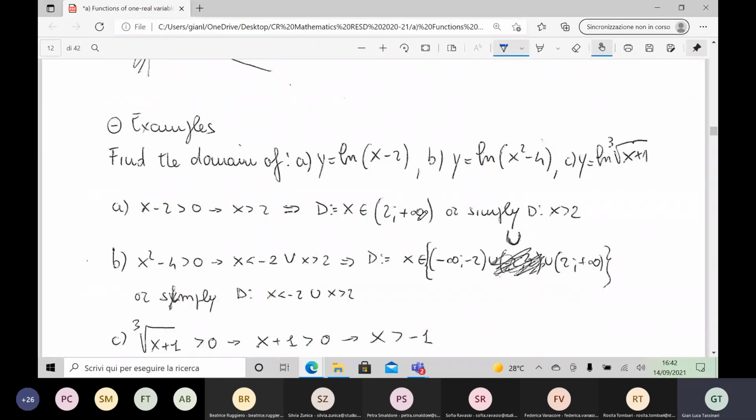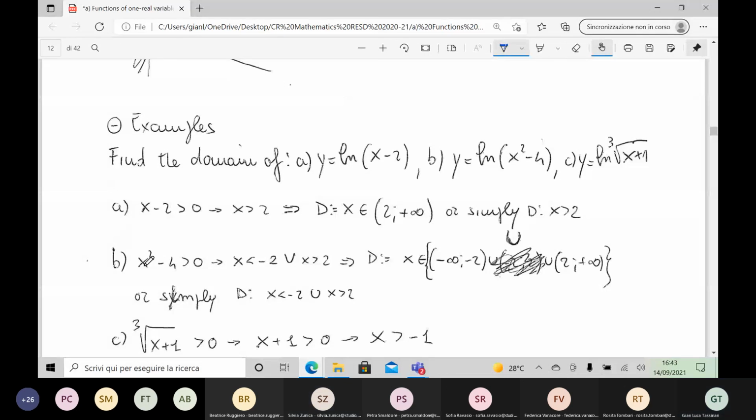Look at the second one, y equal to logarithm of x to the power 2 minus 4. Again, the logarithm is defined if and only if the argument is greater than 0. So you have to set x squared minus 4 strictly greater than 0.